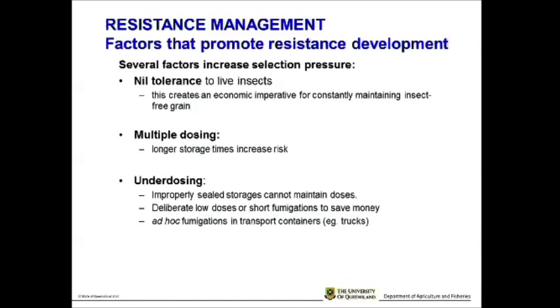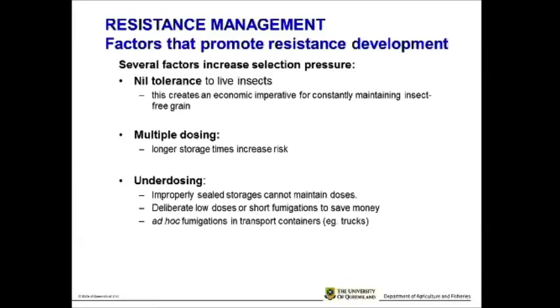And sort of to bring it back to a bit of the modelling, a bit of the theory about resistance development, there are several factors that increase the selection pressure in a stored grain system. And one is that Australia has a nil tolerance to live insects, and not all countries do.